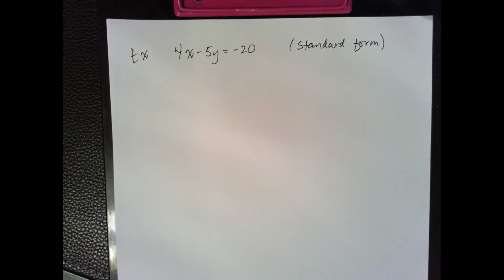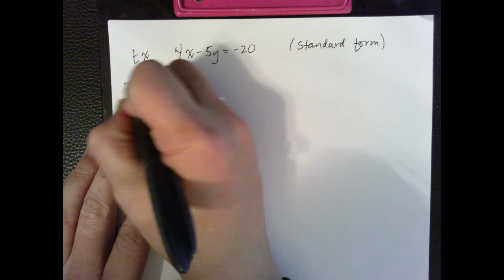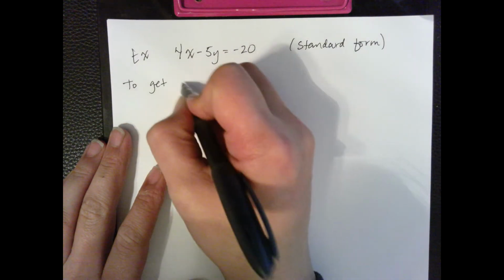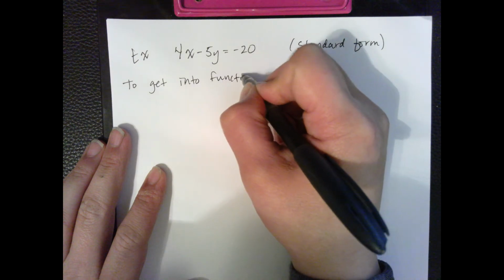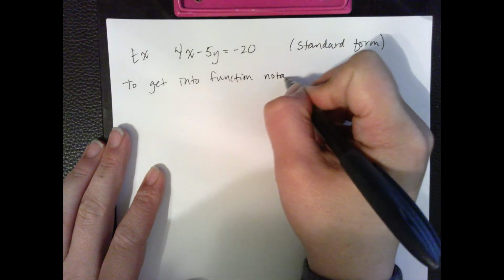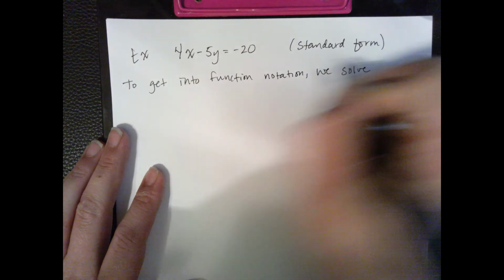But we've been talking about function notation and functions. So how do we get from standard form to function notation? Okay, so to get into function notation, we solve for y.